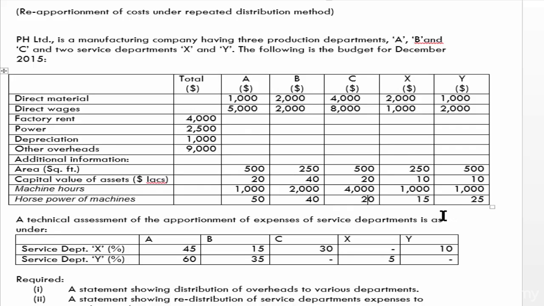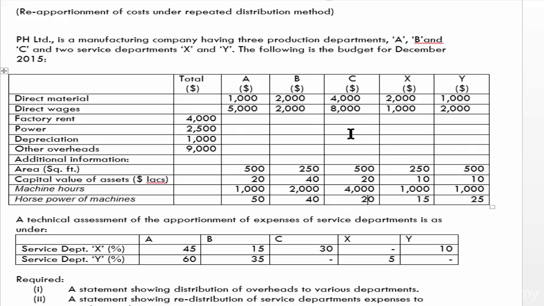So you cannot jump to a conclusion on distributing this power cost by merely looking at the machine hours, because machine hours may even be uniform but horsepower will tend to be different. So we have to multiply horsepower and machine hours so that we get a value, and that should be used as a basis for apportioning the power cost between all the five departments.